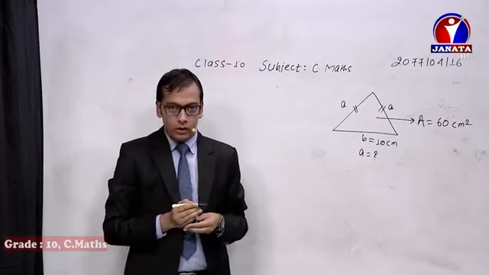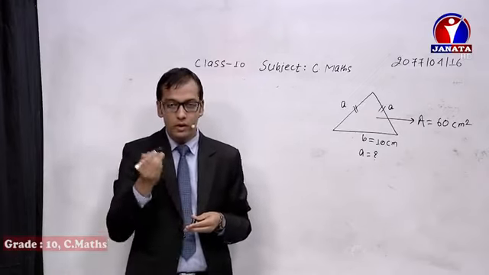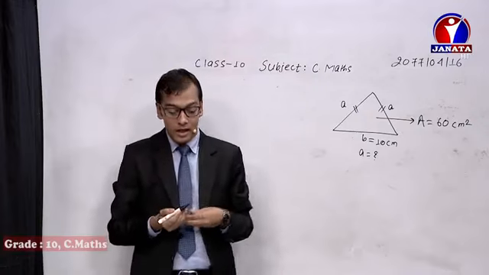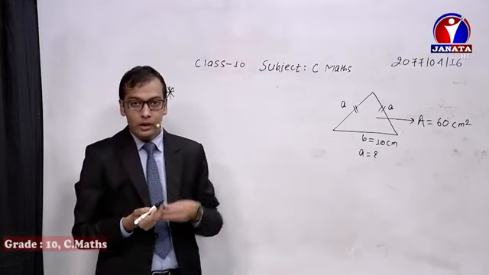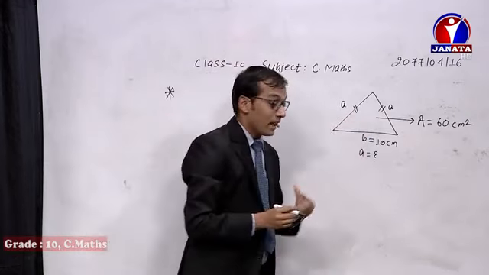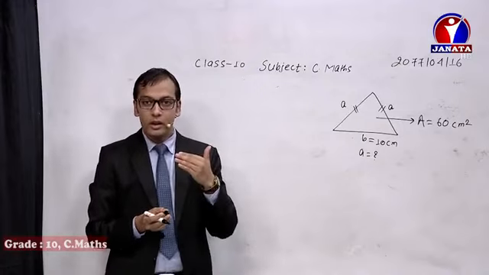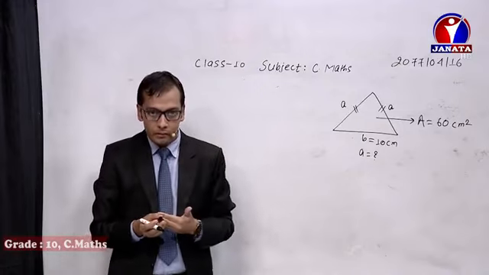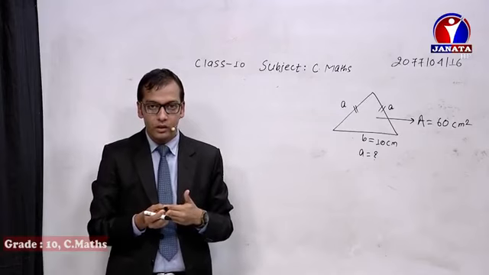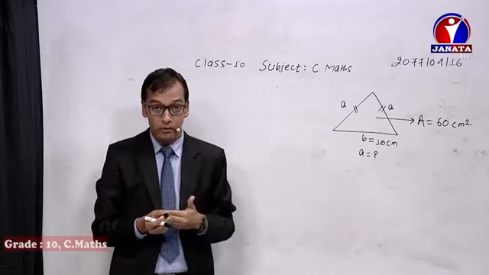If we remember, we derived a special formula for the area of an isosceles triangle. We can use many methods, but if we memorize the direct formula, our calculation will be short and we can save our time.